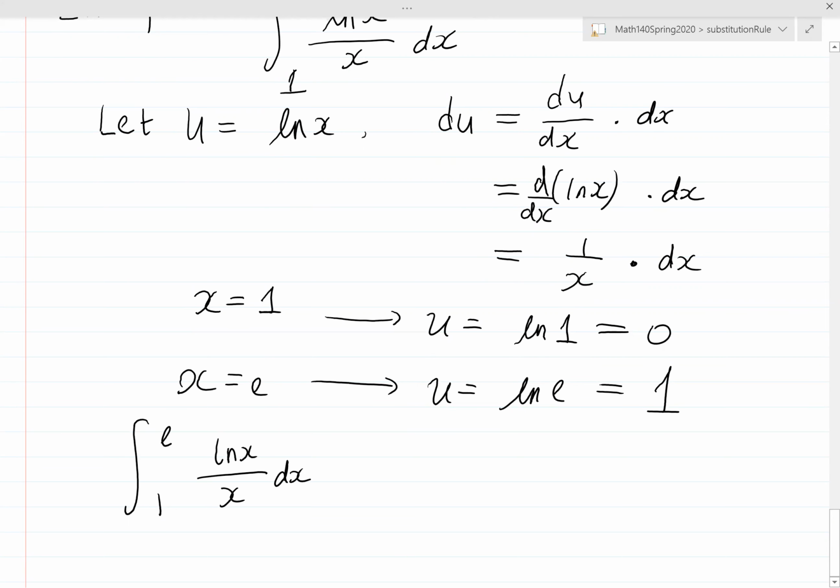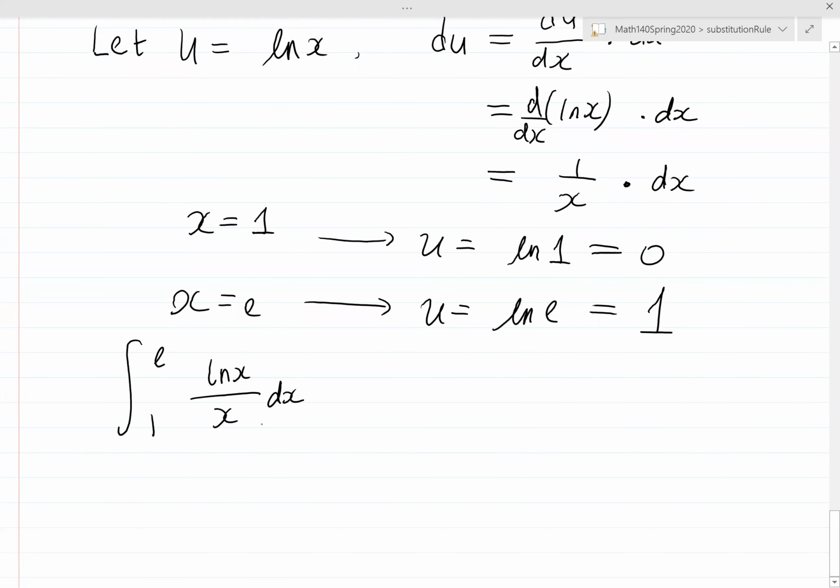By the substitution rule, we change the limits: the lower limit corresponds to 0 and the upper limit corresponds to 1. ln x corresponds to u. The remaining thing is 1 over x dx, which we substitute by du.